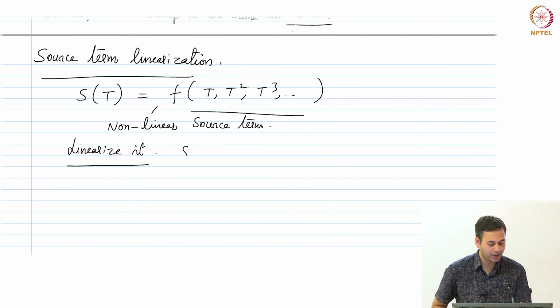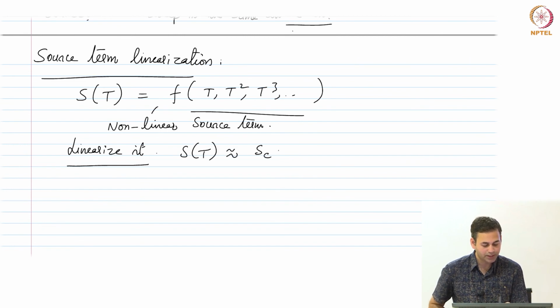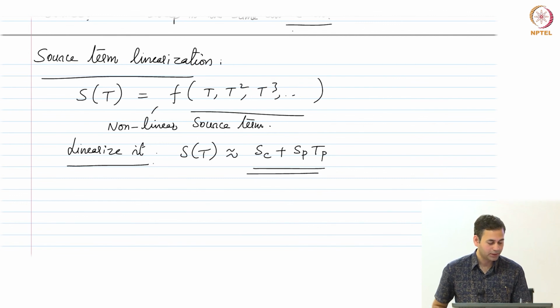And we said S of T would be linearized as some constant Sc plus Sp times Tp. So, essentially we have a linear model for this nonlinear source term.